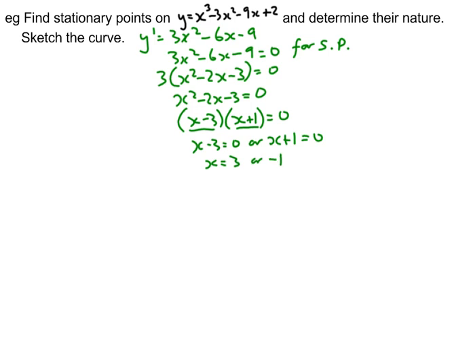Now we sub those 3 and minus 1 values back into the original y equals equation, and we'll find that y equals minus 25 for that point, and 7 for that point.